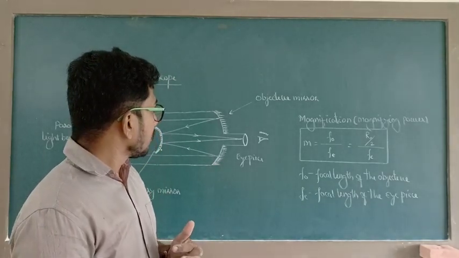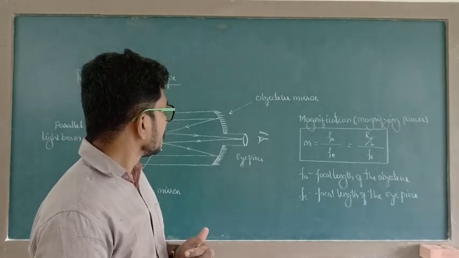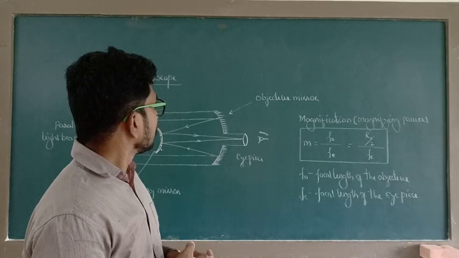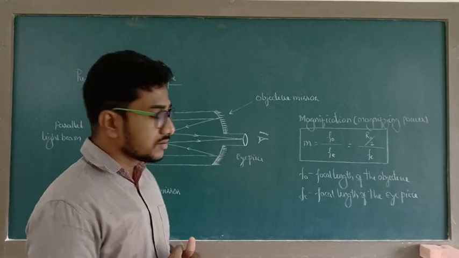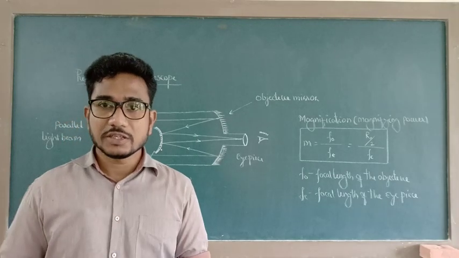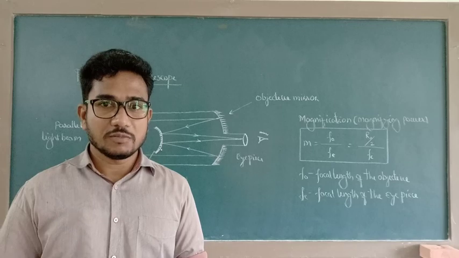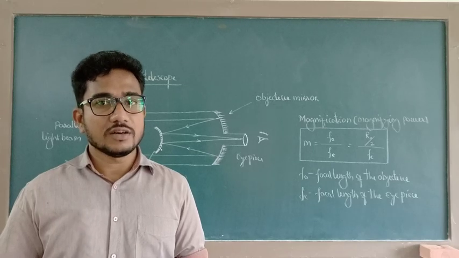I hope you all understand this whole concept. Okay, so in the next class I am going to take numericals about the various formulae which are used in this ray optics.